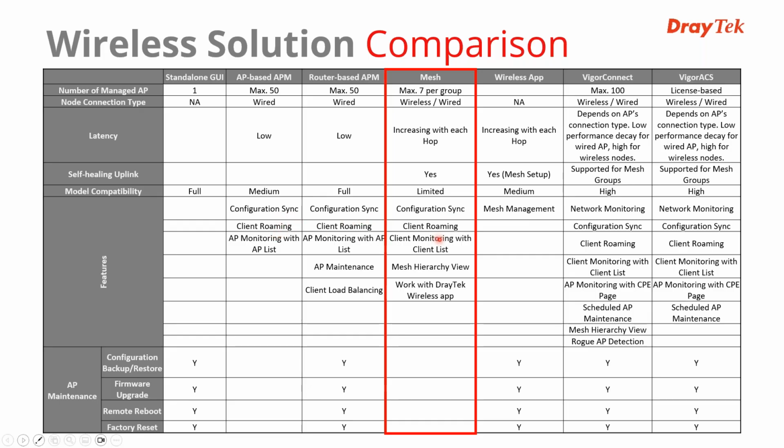There's roaming that works out of the box. Once you connect up your mesh, it will work. Whereas you kind of have to configure it with the AP-based management and the router-based management. So yeah, there's some monitoring here for the actual APs, and then the mesh has it for the clients.